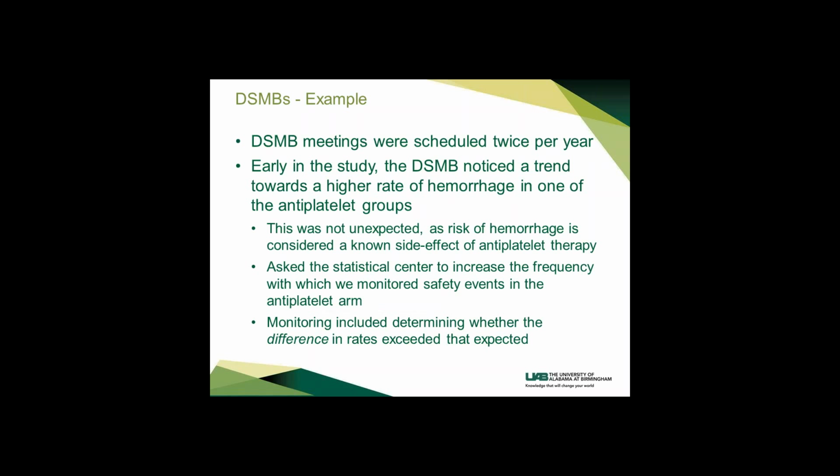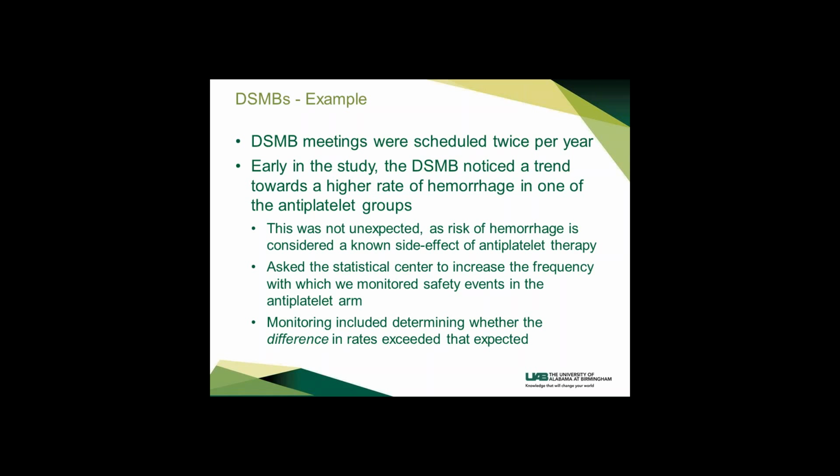DSMB meetings were originally scheduled twice per year, but early in the study, the DSMB noticed a trend towards a higher rate of hemorrhage in one of the two antiplatelet groups. This was blinded, they didn't know which, but it wasn't unexpected, because hemorrhage is considered a known side effect of antiplatelet therapy. In fact, if you pull the package insert from Plavix, it talks about the risk of hemorrhage.